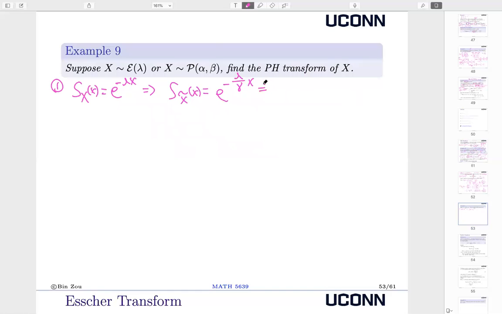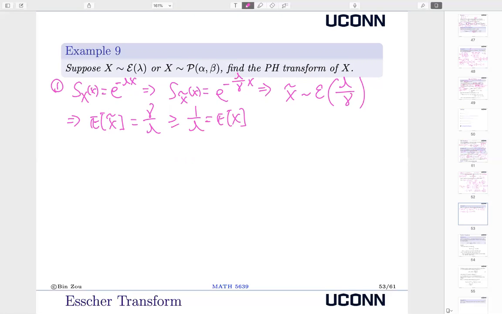So what I can tell is my new random variable is also an exponential distribution with a new parameter. Meaning my expectation would be the inverse of my parameter. Because gamma is always greater than 1, this is the mean of the original loss, so from here I can conclude this is gamma divided by lambda, right?